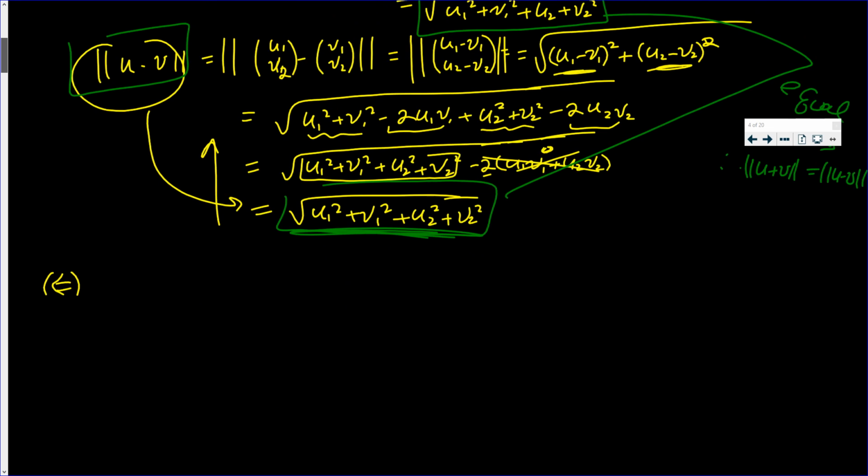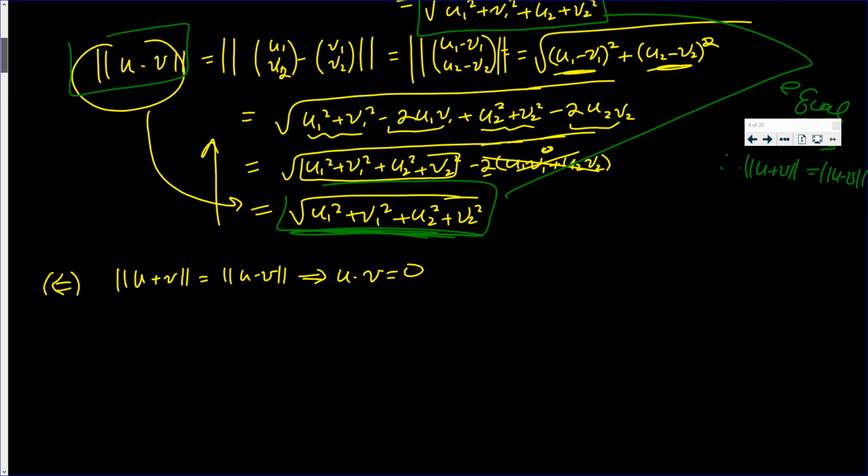Okay, so let's write down what it is we want to show. We want to show that if the length of u plus v is equal to the length of u minus v, that implies that u dot v is 0.